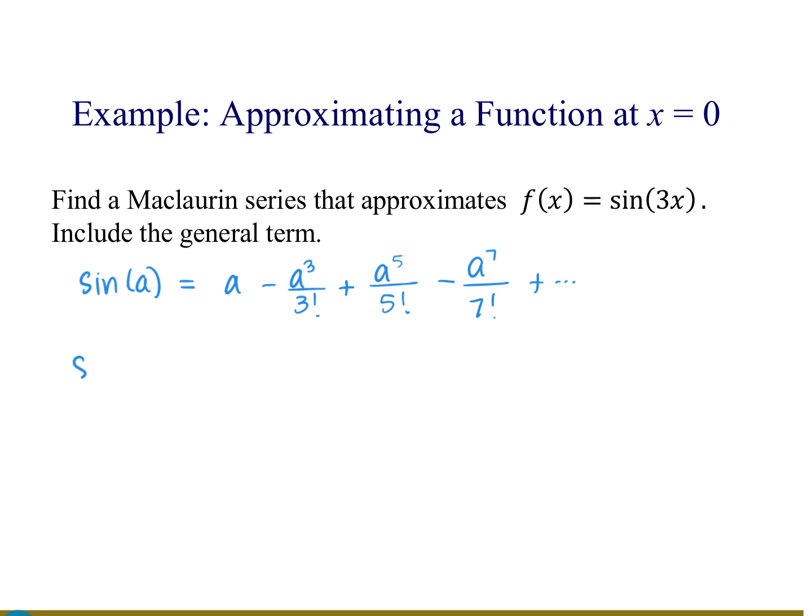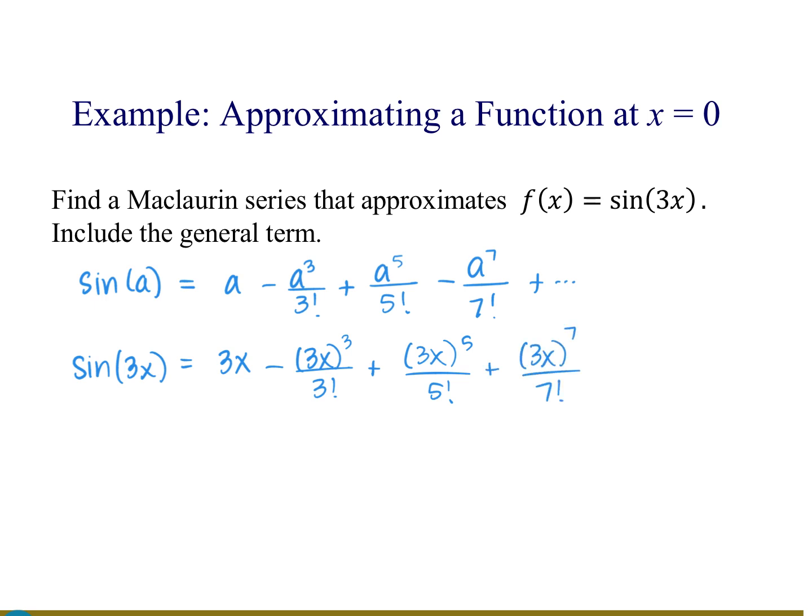So then you can say, I know that sine 3x should start with the quantity 3x, and then proceed to the quantity 3x cubed over 3 factorial. Subtract, I keep doing that. And then switch to 3x to the 5th over 5 factorial, and then go to 3x to the 7th over 7 factorial. And so, I did it again, alternating.